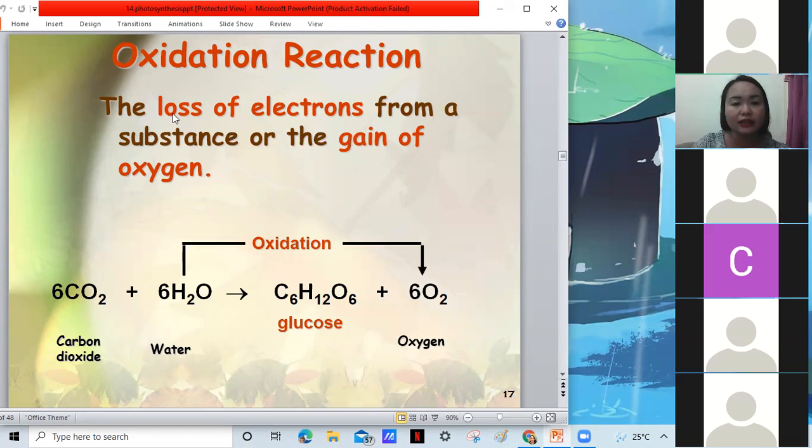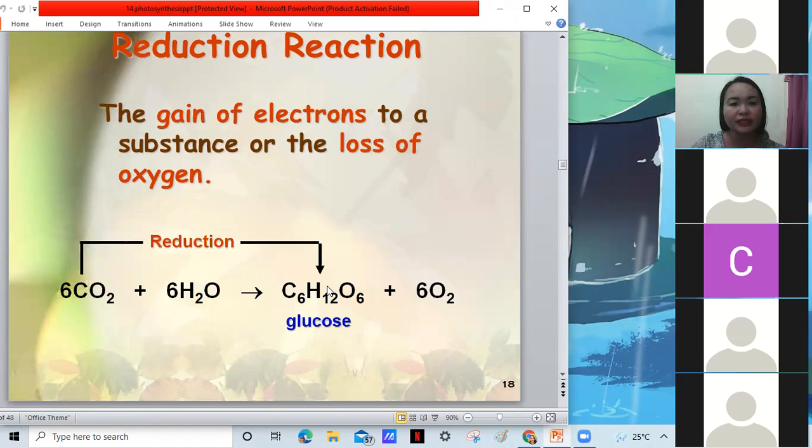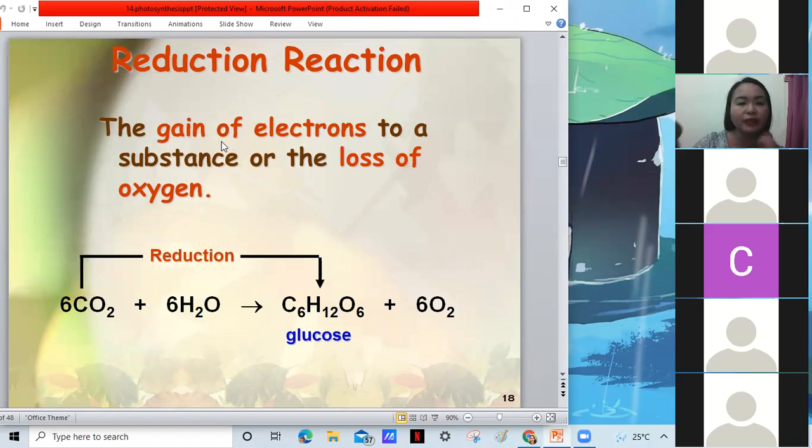So again, the oxidation reaction is the loss of electrons from a substance or the gain of oxygen. So in this case, this is oxidation kasi there is loss of electrons and therefore oxygen is gained. But in this case, this is reduction because there is gain of electrons.